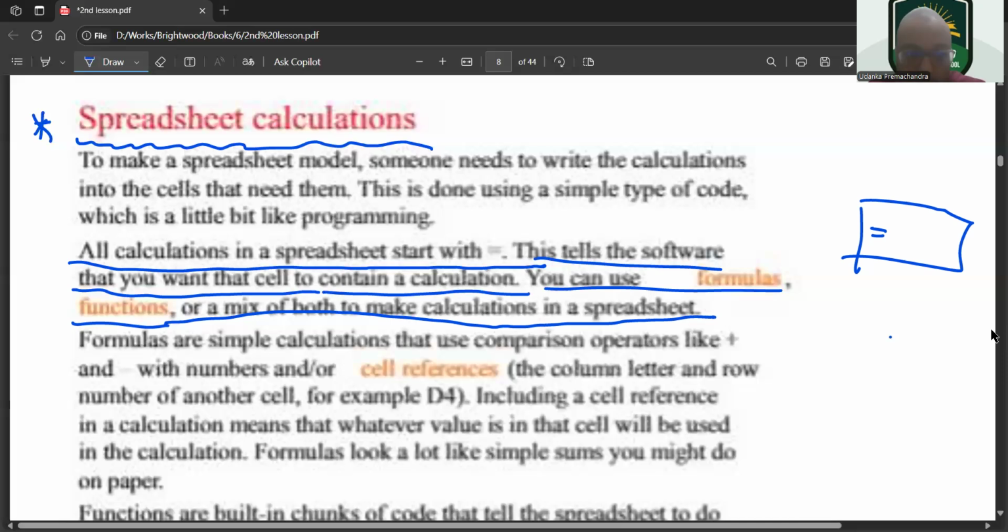Okay, you can use it like that. There are formulas and functions.